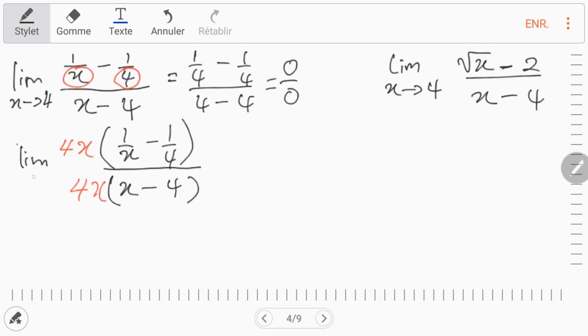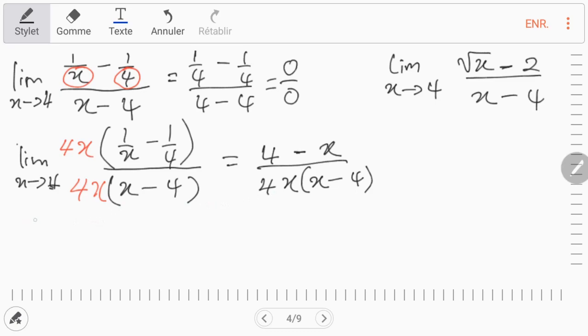The limit as x approaches 4. You obtain 4x times x. The x cancels for this. You are left with 4 minus 4x times 1/4 gives x, all over 4x times x minus 4.